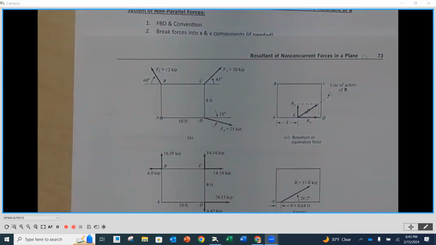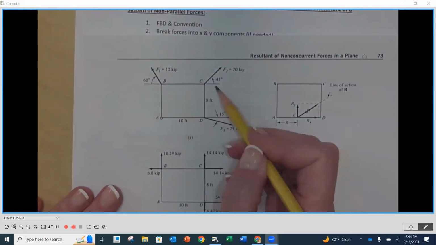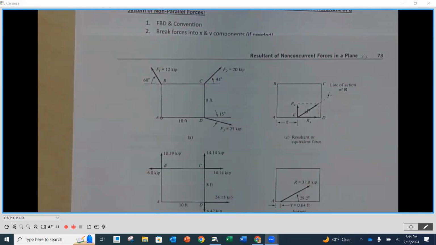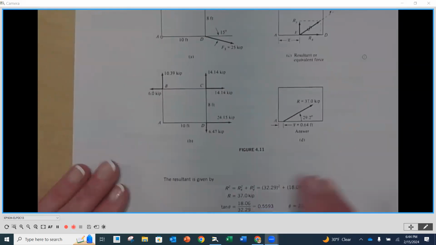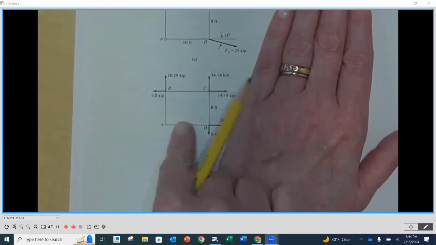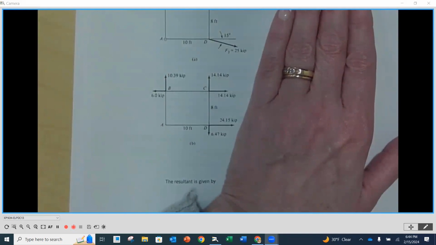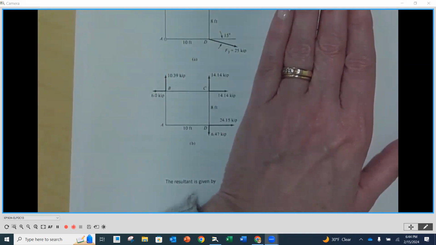Now, to expedite this process a little bit, and I know that we know how to do X and Y components, instead of starting with this diagram here, are you comfortable jumping and doing this diagram right here? I'm going to be certain that you can find the X and Y components of each one of those forces.